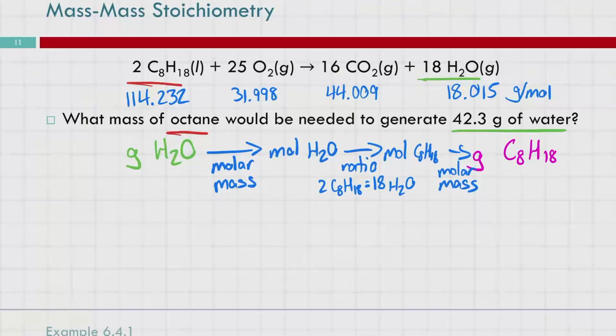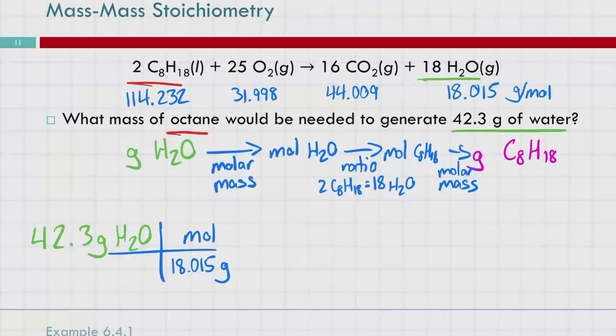Okay, so starting with our 42.3 grams of H2O, we need to divide by our molar mass of water, which is 18.015. This puts the grams on the bottom, the moles flip to the top, our grams cancel. And if we stopped here, we would end up with moles of H2O, moles of water, which is right where we want to be with our solution map.